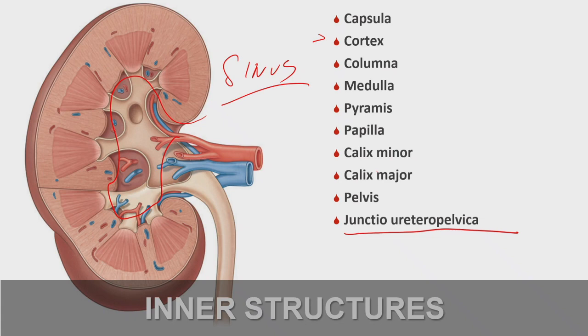And here you can see that the fatty tissue is also outside, also inside, and the invasion of a tumor in the sinus has a prognosis very similar to when the tumor is growing outside into the fatty tissue. So remember that in sinus we have fatty tissue and it connects to the outer space of a kidney. So it's a groove inside which is localized pelvis.